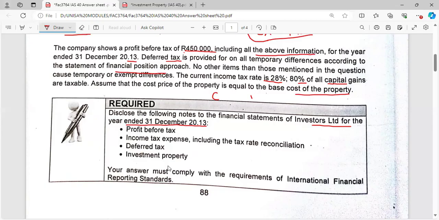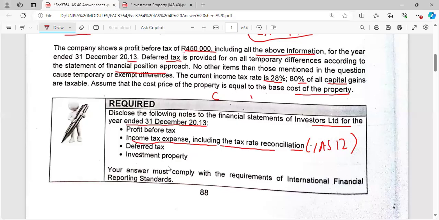We need the profit before tax, the income tax expense. So from your IAS 12, I think if the question says the income tax expense, including the tax rate reconciliation, what is required there?